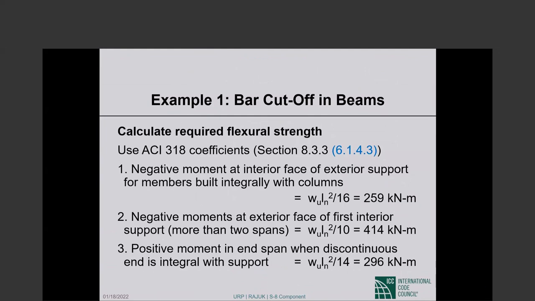Those coefficients look very crude, but they're not bad at all. You shouldn't have any qualms about using these simple looking ACI coefficients for design purposes, particularly gravity design.